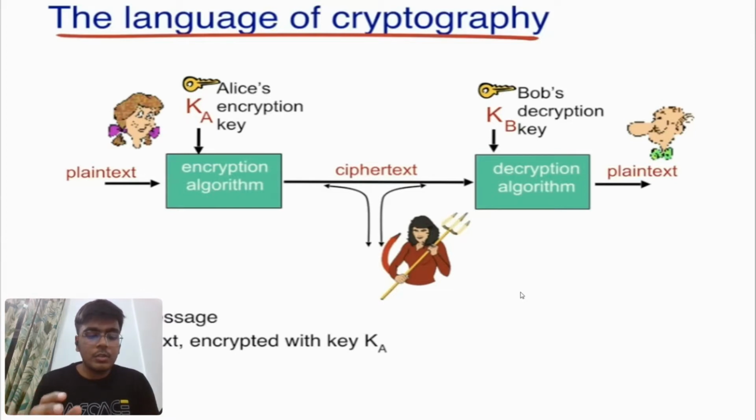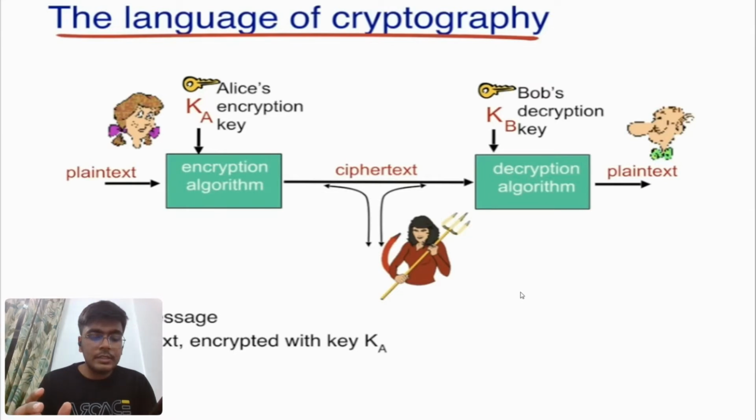So Alice wants to communicate with Bob such that Annie cannot understand what she's sending to Bob. So what Alice can do is she will take the plain text and convert it into ciphertext and send it to Bob, and Bob can regenerate the plain text from the ciphertext. Even if Annie gets this ciphertext, she won't be able to understand as only Bob and Alice can understand.